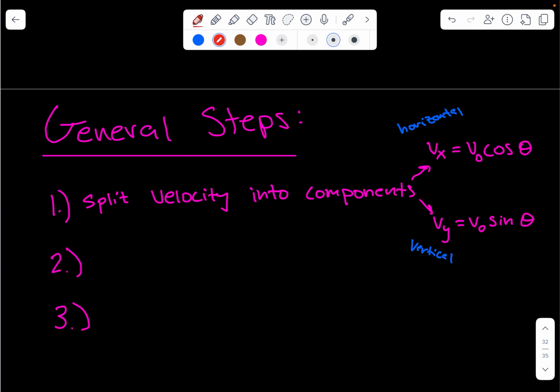All right, step 2 is to solve the horizontal motion. And step 3 would be to solve vertical motion.